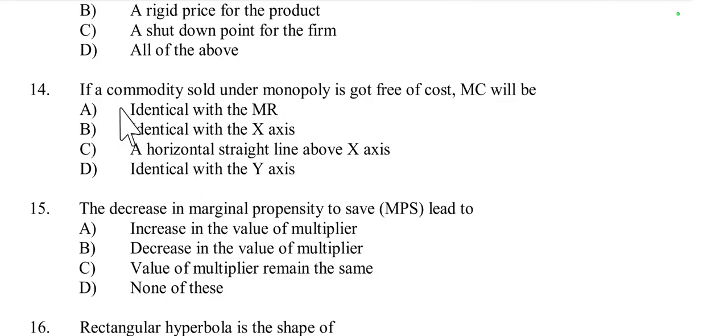So here, if a commodity sold under monopoly is got free of cost, then MC will be identical with x-axis. Yes, marginal cost is identical with x-axis, because in a monopoly situation where a commodity is available free of cost, the marginal cost of producing an additional unit is zero.